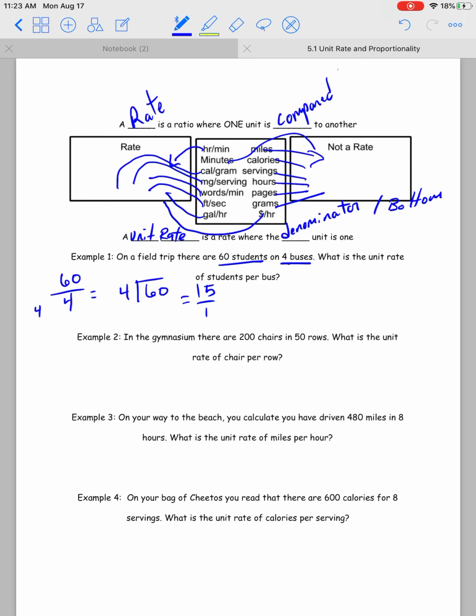It's 15 over 1. 4 goes into 4 one time. 4 goes into 60 15 times. Your unit rate is 15 to 1, or 15 over 1, or 15 colon 1. Remember that a unit rate is always something over a 1.